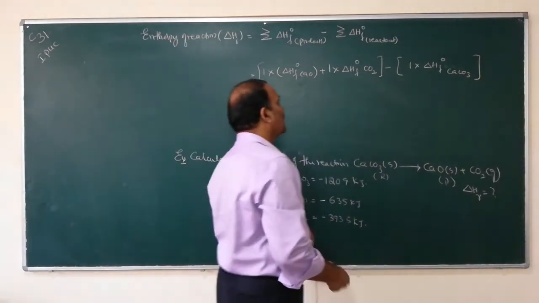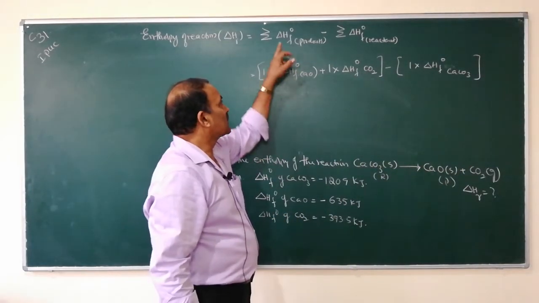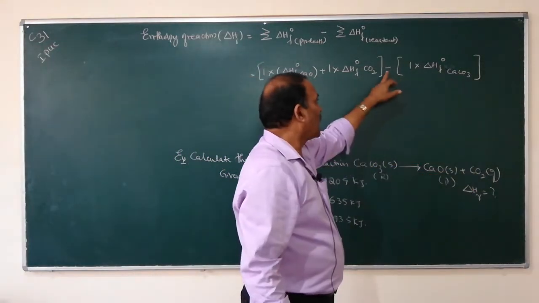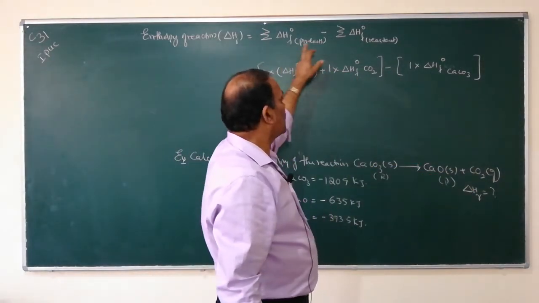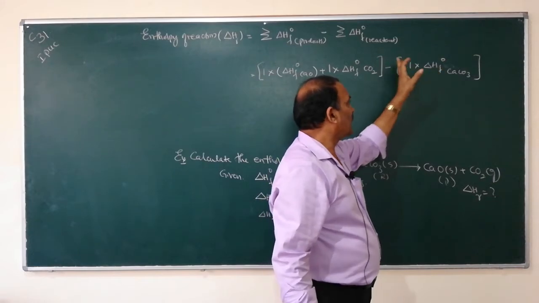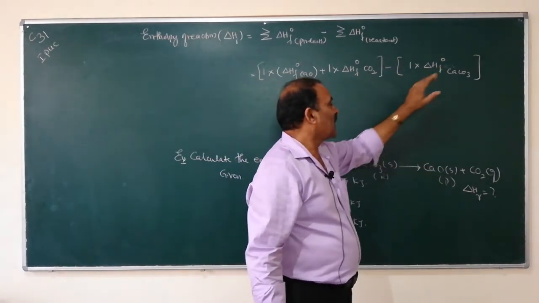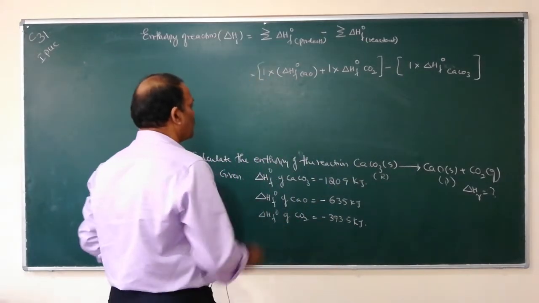So this is the formula: sum of the enthalpies of formation of products minus sum of the enthalpies of formation of reactants. Here the products are calcium oxide and carbon dioxide, and the reactant is CaCO3.